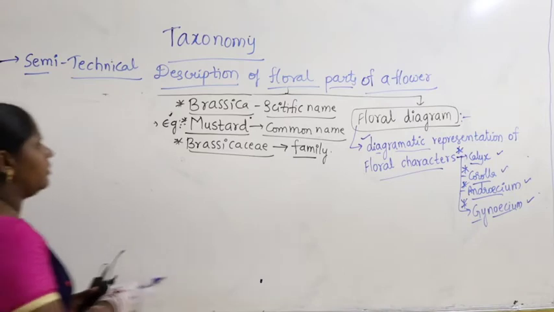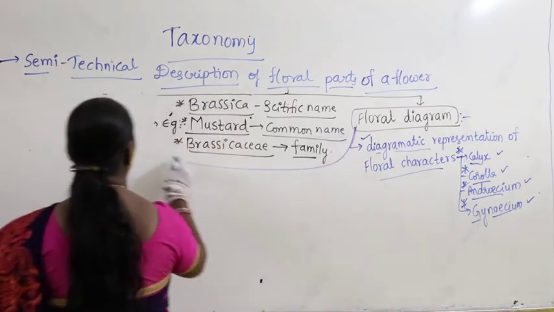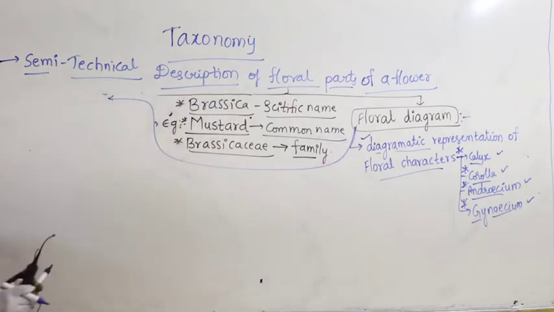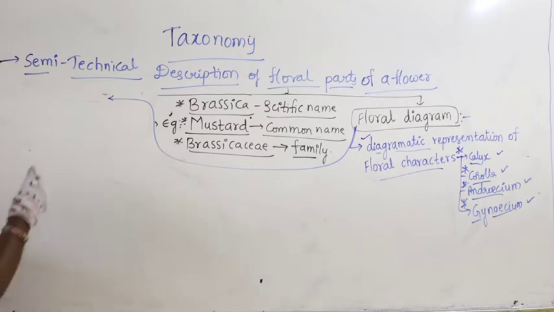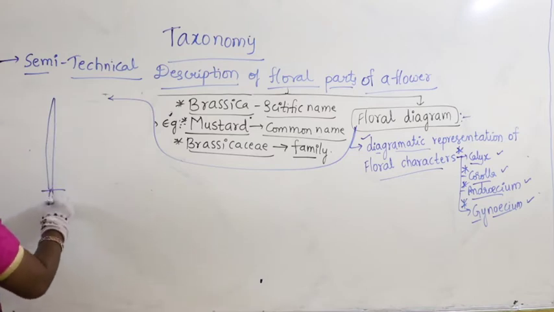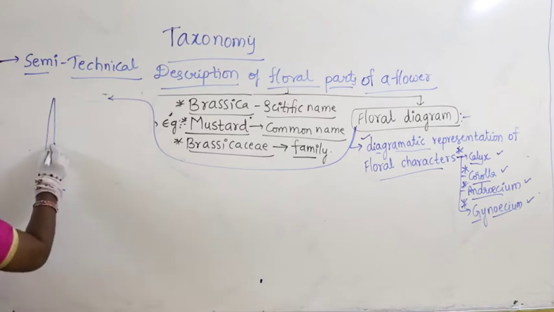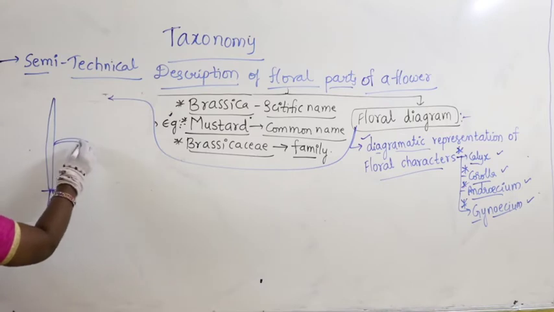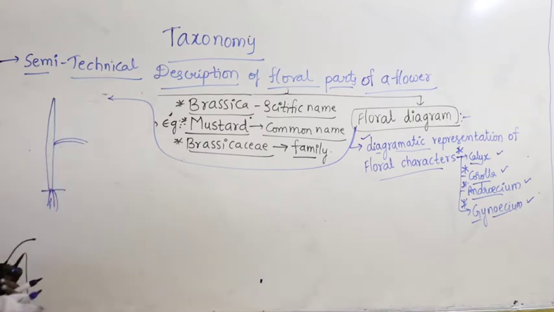Now when you look at the floral diagram, so what is meant by floral diagram? For example, if I take the plant, this is the root and all that. Now if you take the position of the flower, either you can draw up or you can draw down.